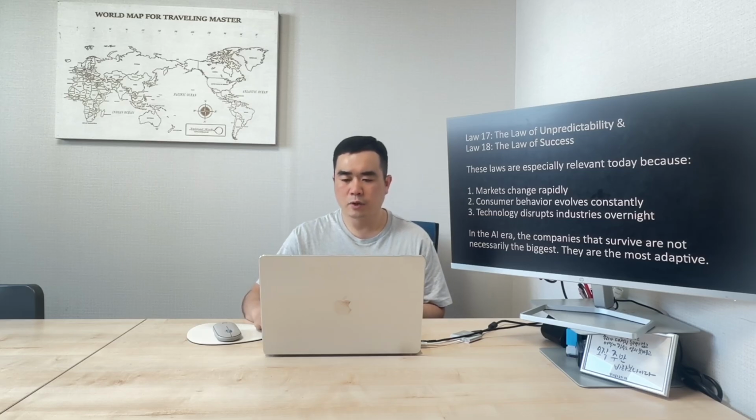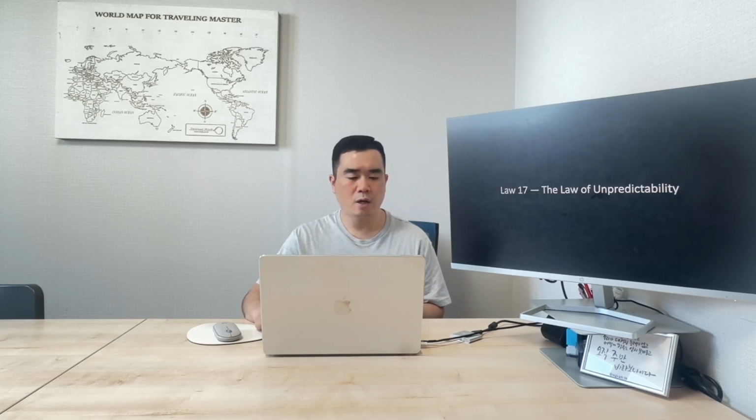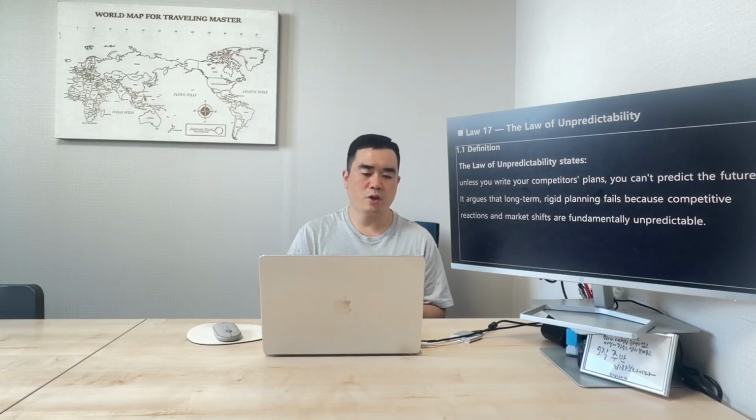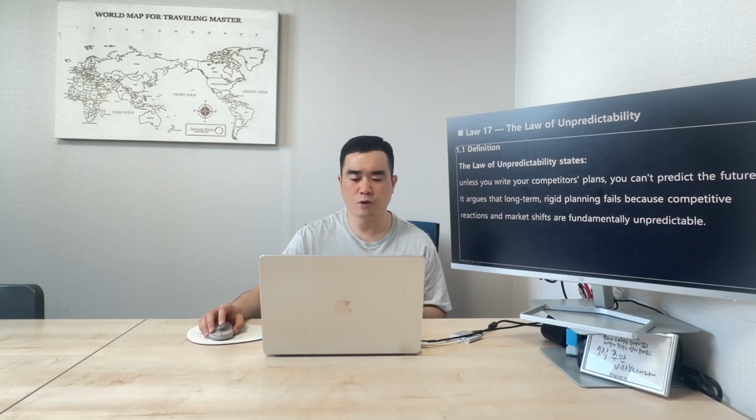Okay, let's move on to the next page, Law 17, the law of unpredictability. The definition of the law of unpredictability is: unless you can write your competitors' plans, you can't predict the future.